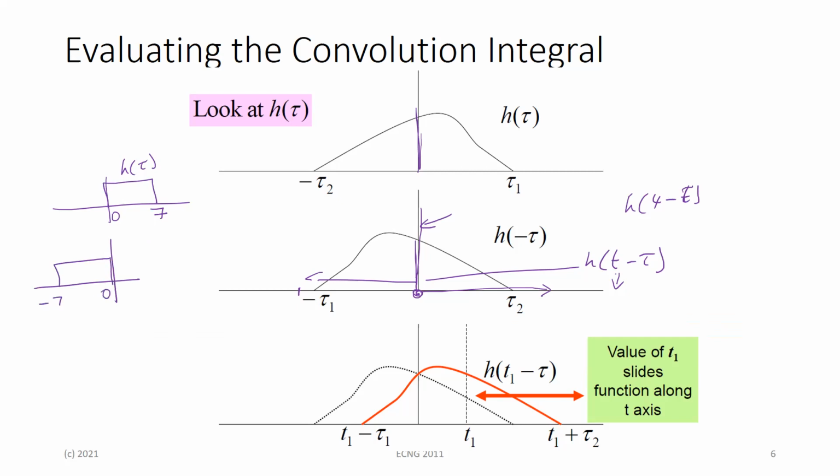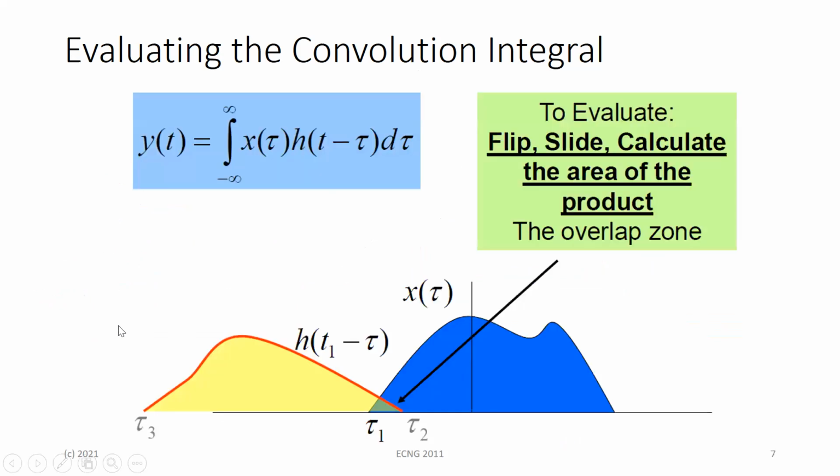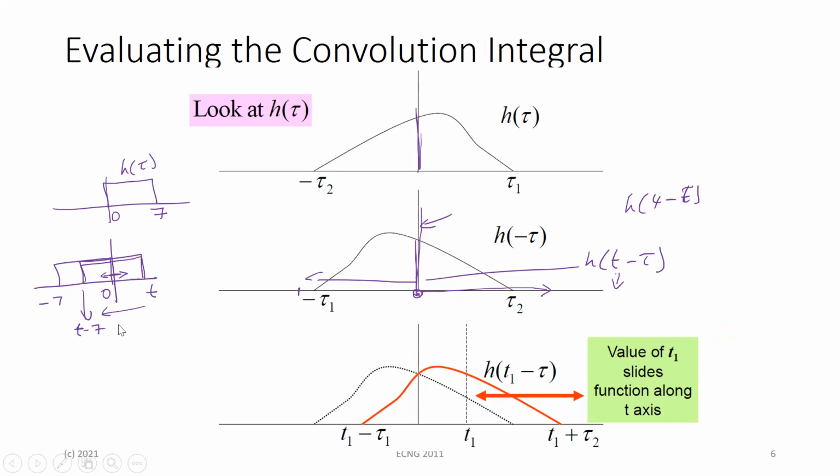And h(t minus tau), this is the t point here, because this is the point that is moving up and down. If I shift it somewhere, t is here, and the back of the pulse is 7 less, so it's t minus 7.